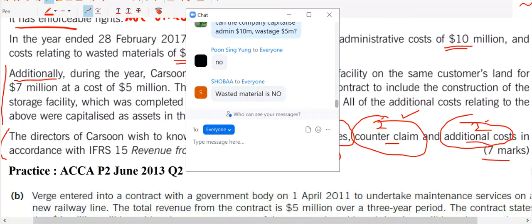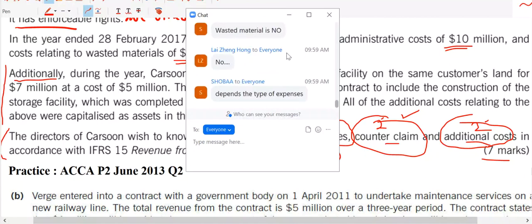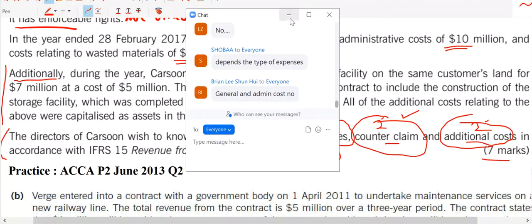Shuba says wasted material only. Okay, wasted material is a no, which we have learned from the previous discussion just now. Admin can? Okay, admin no. Depends on type of expenses. General admin cost no. Okay, Shuba, let's look at this.